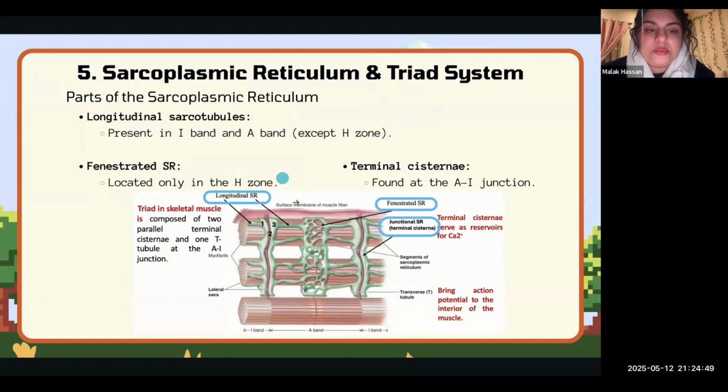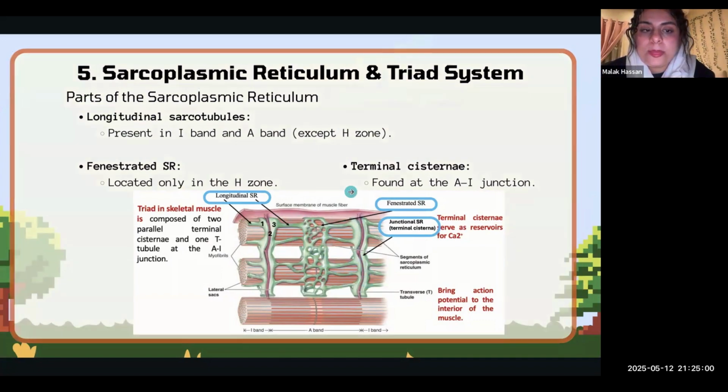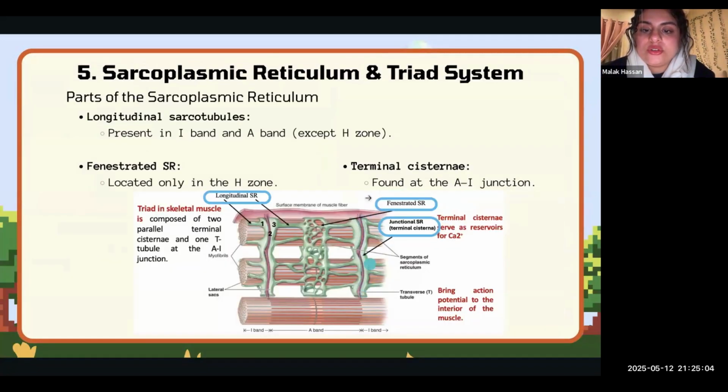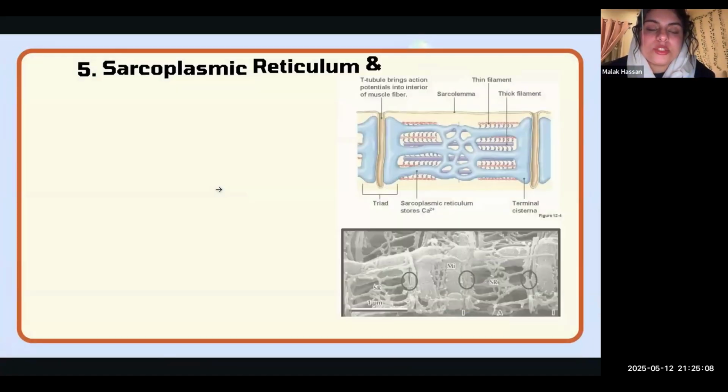But before we do that, we're going to talk about the sarcoplasmic reticulum. I don't think this is really important, but you have the longitudinal sarcoplasmic reticulum, the fenestrated, and the junctional, or the terminal cisterna, which is the only one I think you need to know.